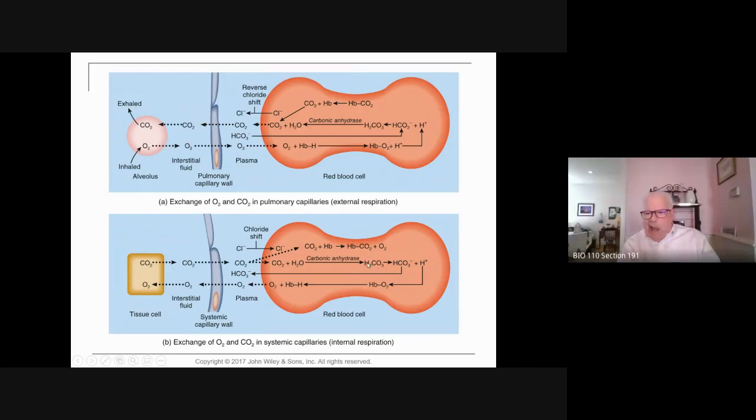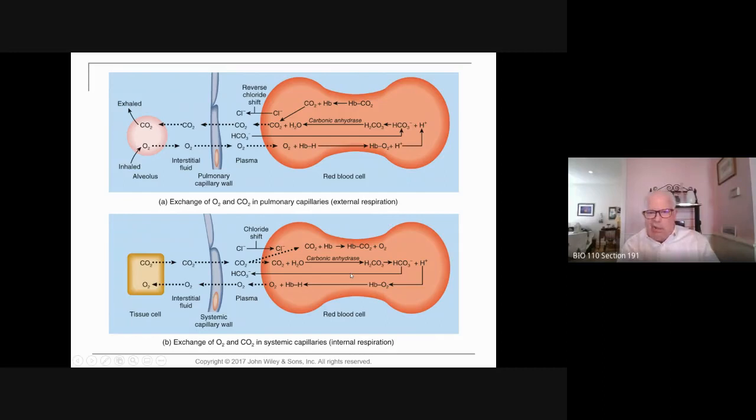To break down carbonic acid into bicarbonate and hydrogen, you also need carbonic anhydrase. And this is all done in the red blood cell.